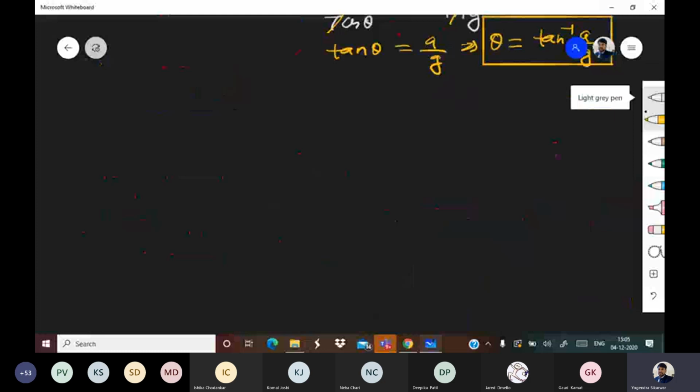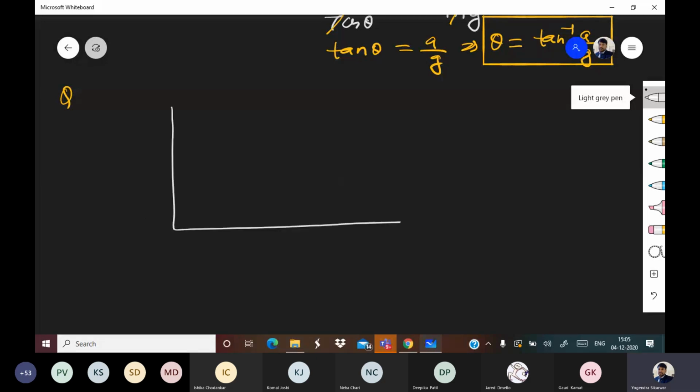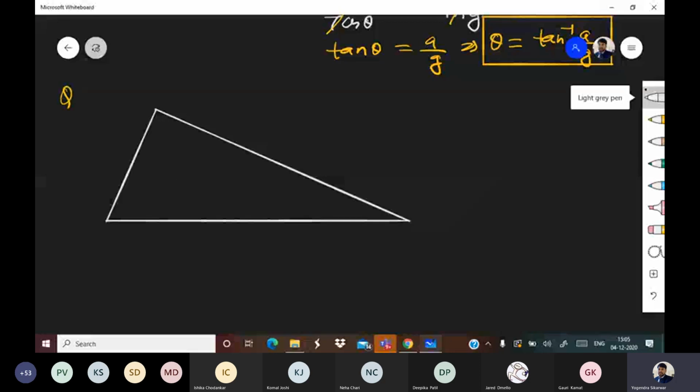So there is an inclined plane with angle theta.